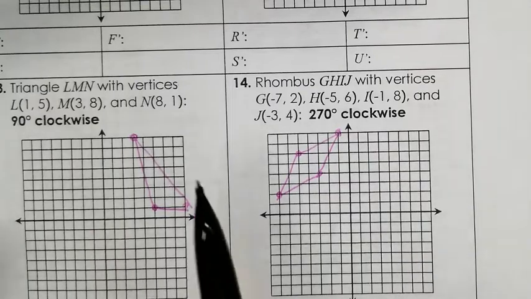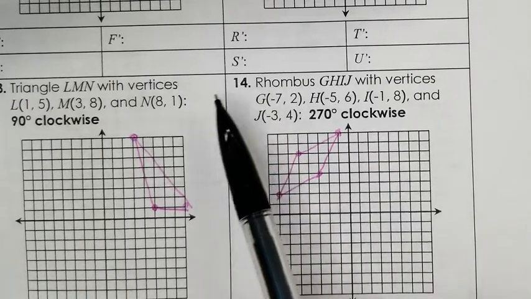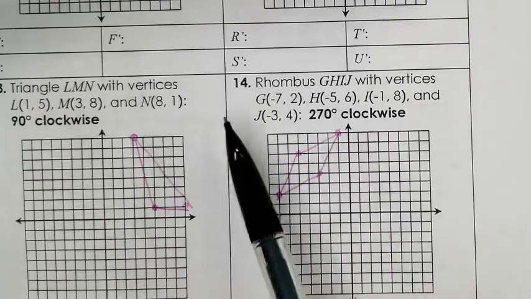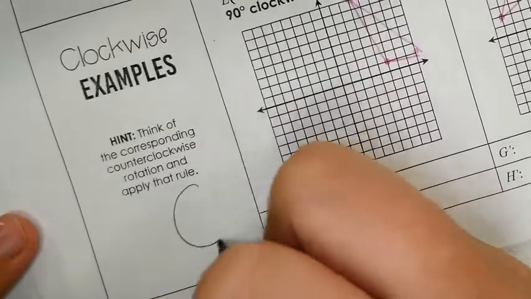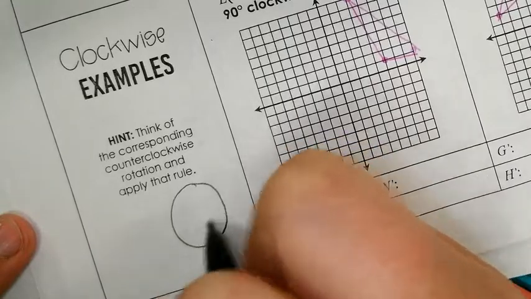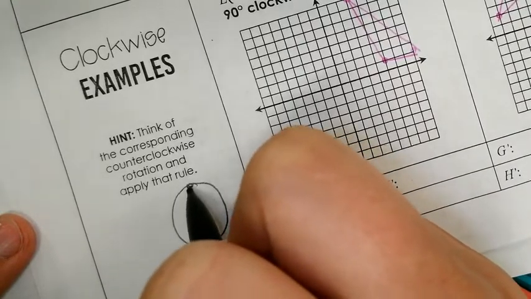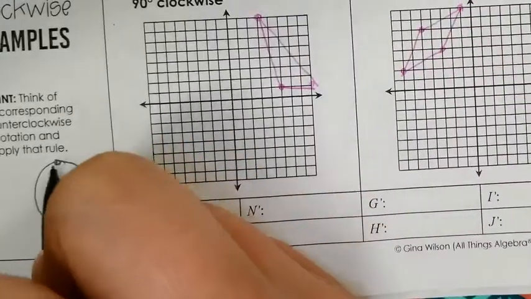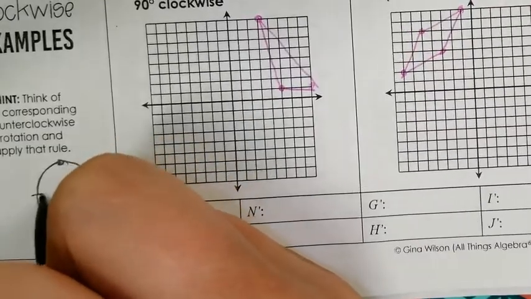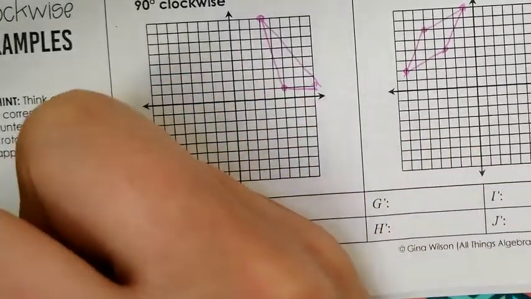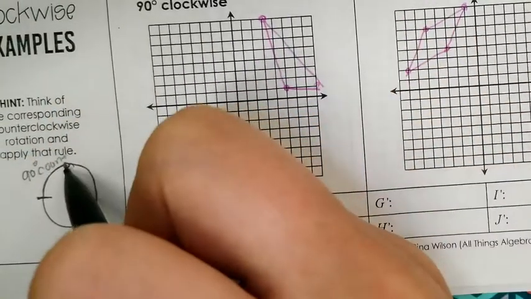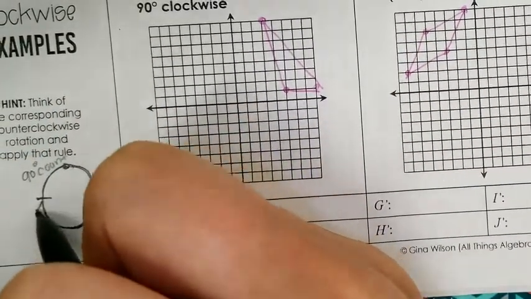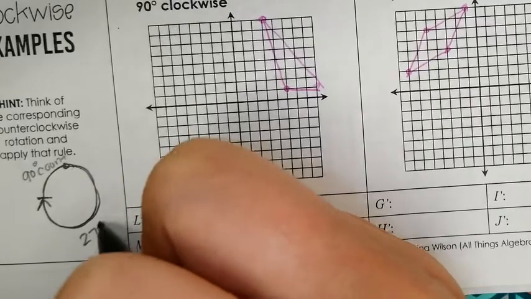So if we are on a clock and the clock is 360 degrees, right? And if we started here and we went 90 degrees clockwise, that means we went 270 counterclockwise.